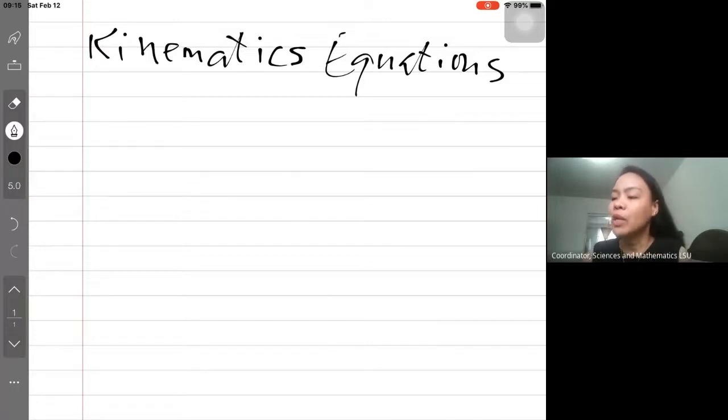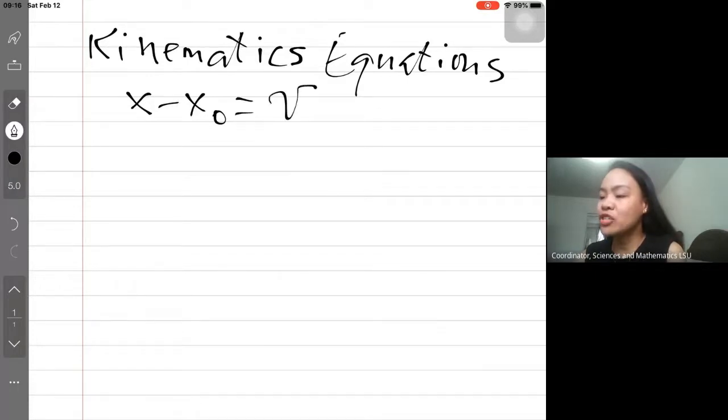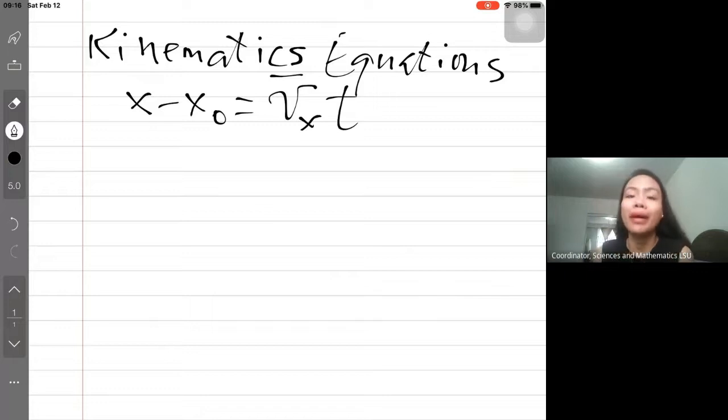Okay, so an object coming from a position x sub o, that is the initial position of the object, and x is the final position of the object, and x minus x sub o, we can call it as distance. Okay, so that would be equal to the average speed, of course, along the x-axis multiplied by the time.